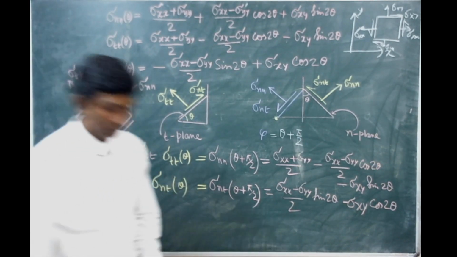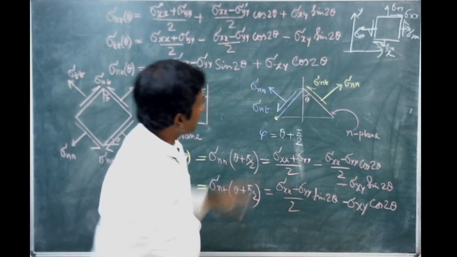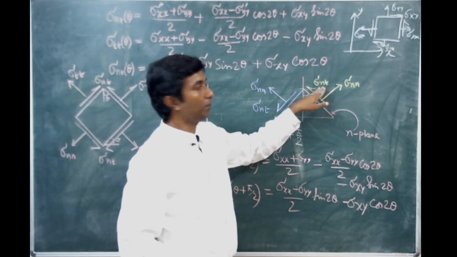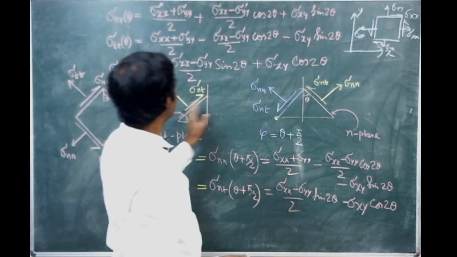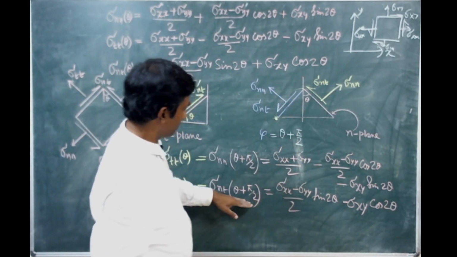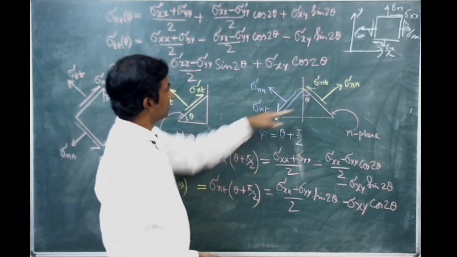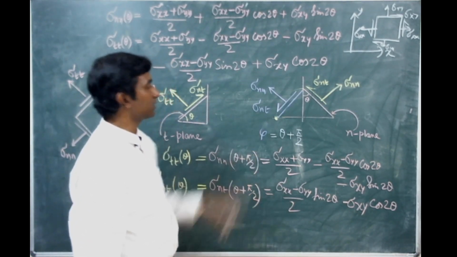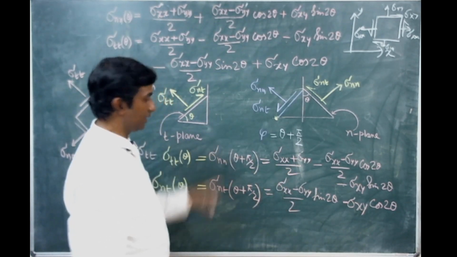Okay. So if you wish to describe the sigma nn and sigma nt by considering different angle, when you are not considering these two planes separately, you see that when you are rotating by 90 degree, then depending on your choice you have to consider the sign, otherwise their magnitudes may be same but sign would be different.